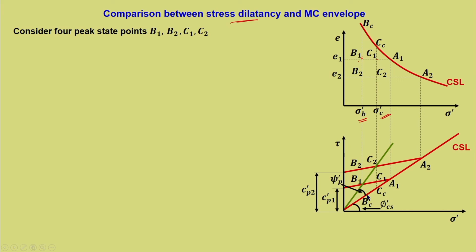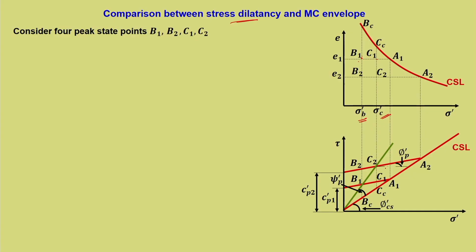Now let us consider a given line drawn here to show psi dash P. What is psi dash P? You can refer back to module 2: it is the dilation angle over and above the critical state angle, and the summation of these two gives the peak friction angle.